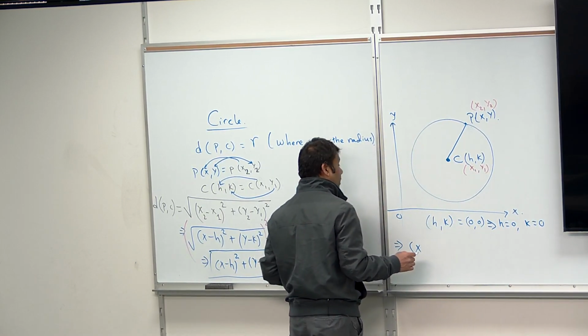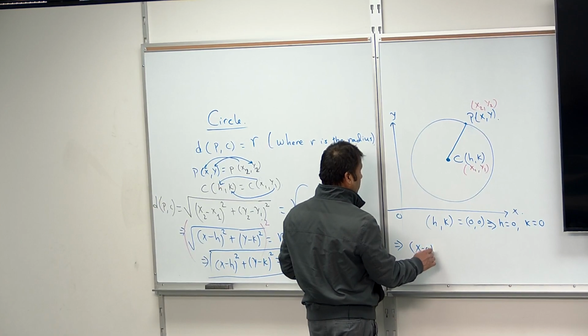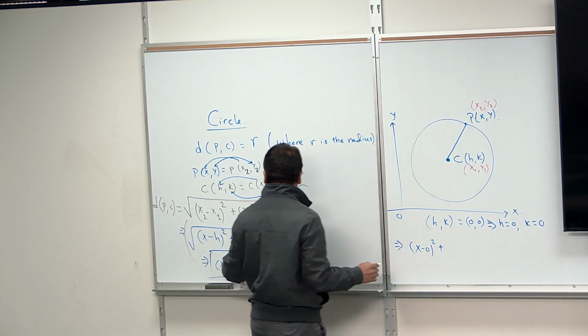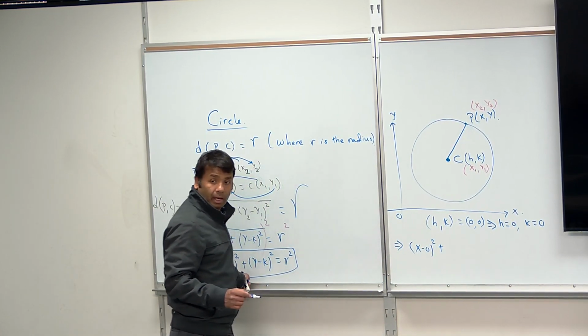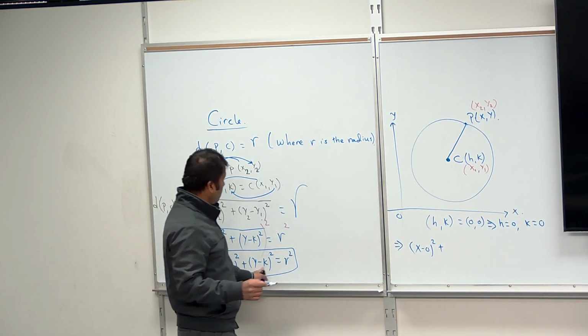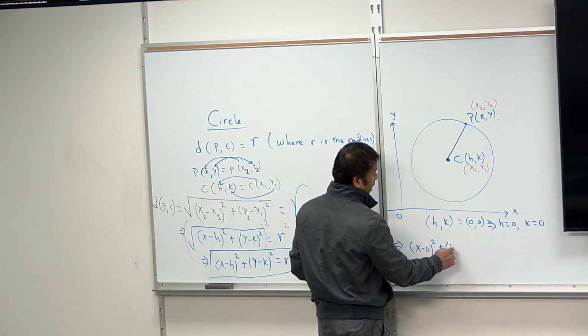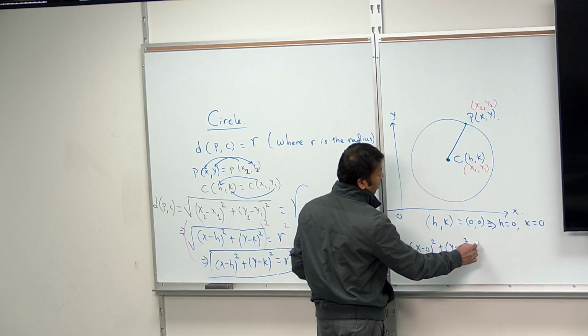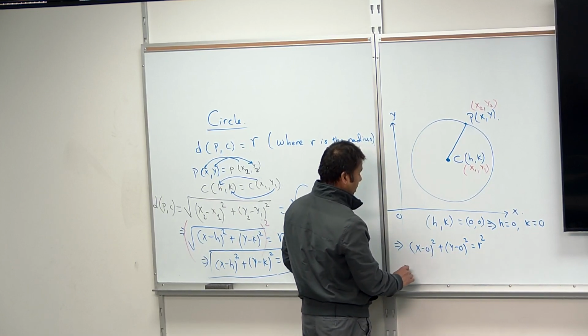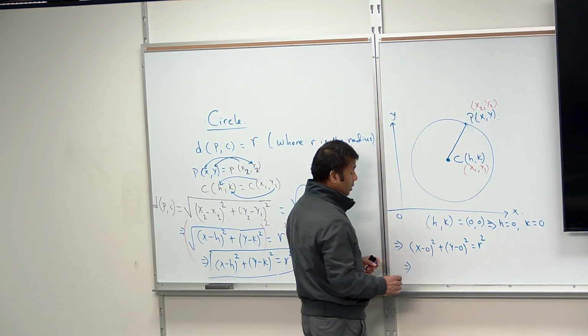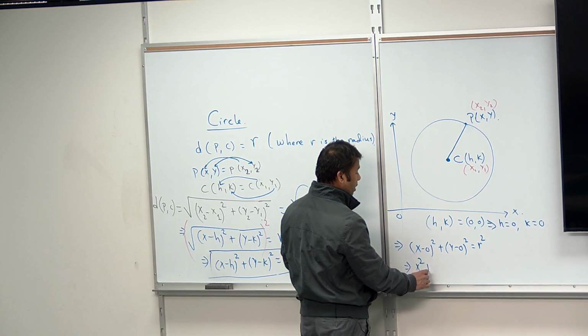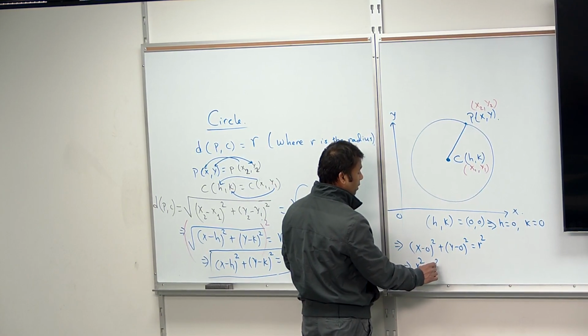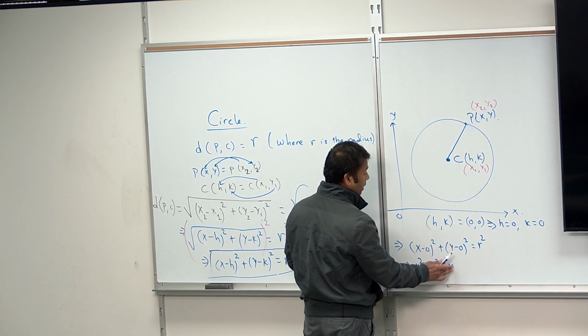When you plug in here, you have (x - 0)². You see, I plug in h equals 0 here. Plus (y - 0)² equals what? r². And x - 0 is x, so this is x², plus y - 0 is y, this is y², equal to r².